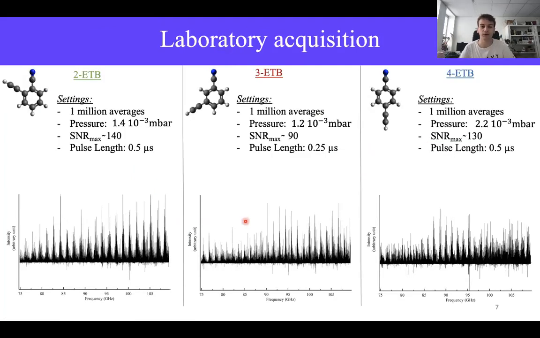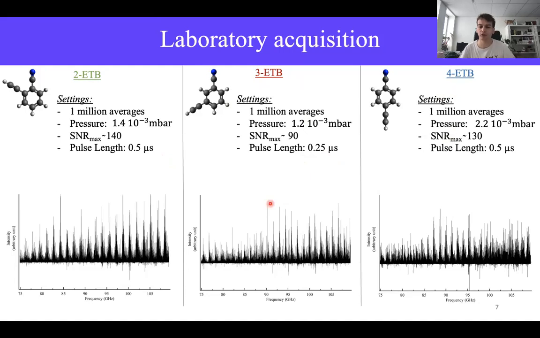So we record the spectra for all the ethynylbenzonitrile isomers with pretty much the same settings each time. So we have 1 million averages, a pressure around 1.6, 1.7 times 10^-3 mbar, a signal to noise ratio around 100, and a pulse length of 0.5 microseconds for the 2 and 4 ETB, and a pulse length of 0.25 microseconds for the 3 ETB.